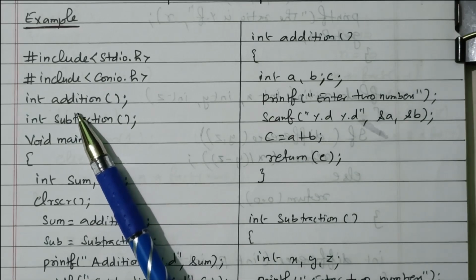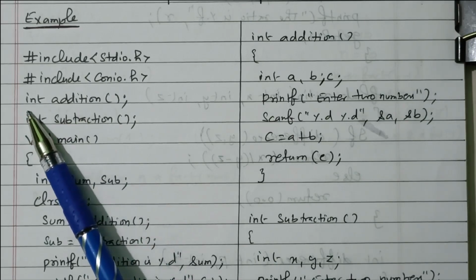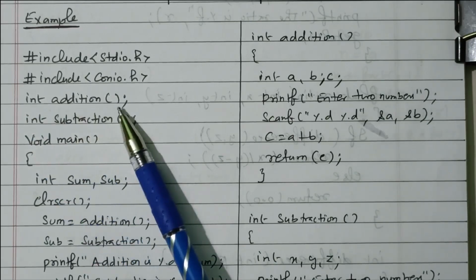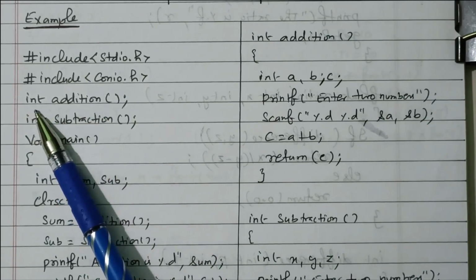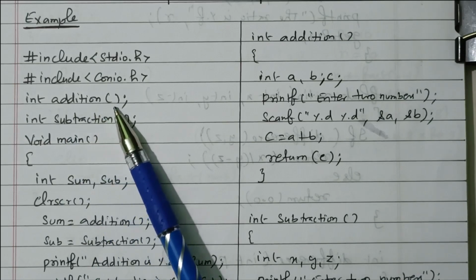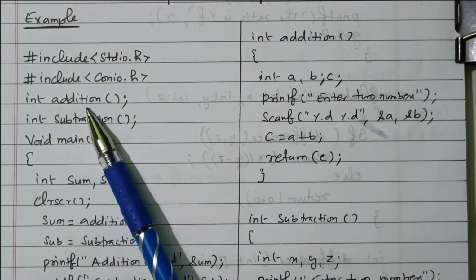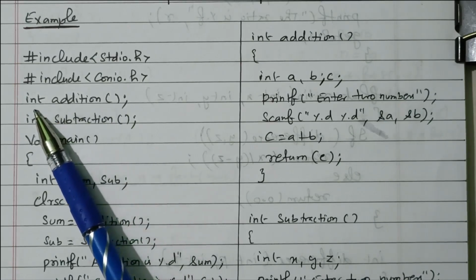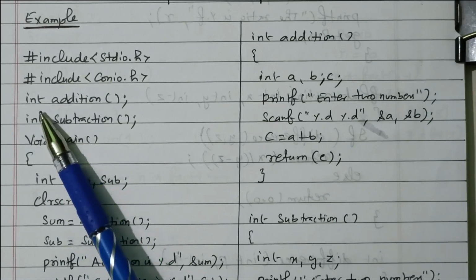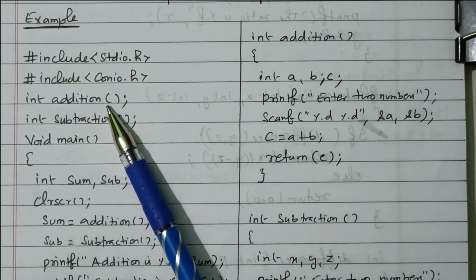A function declaration specifies the return type, the function name, and the parameters. Here the return type is integer, the function name is addition, and no arguments are available. So this addition function will not take any argument and it will return an integer value. All these things are declared here.